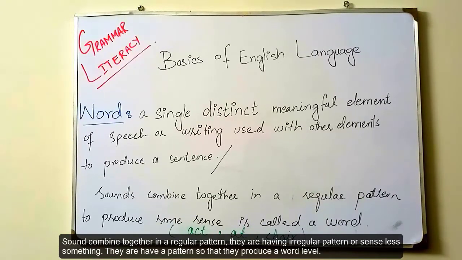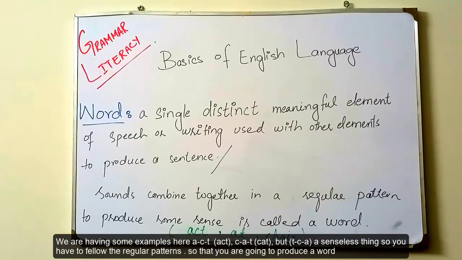We have some examples here. K, a, t: three sounds combined together. If we break them and rearrange them, putting the k sound in the beginning, the a sound in the middle, and the t sound in the end, they will produce cat.